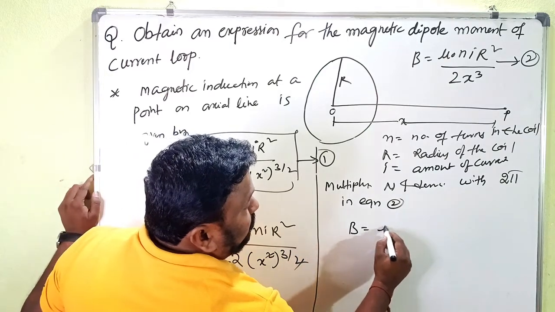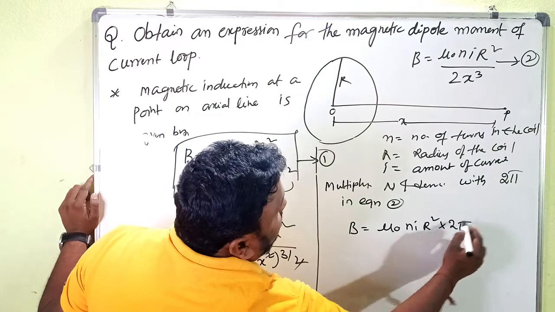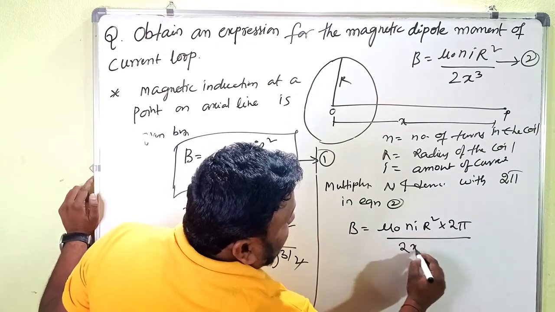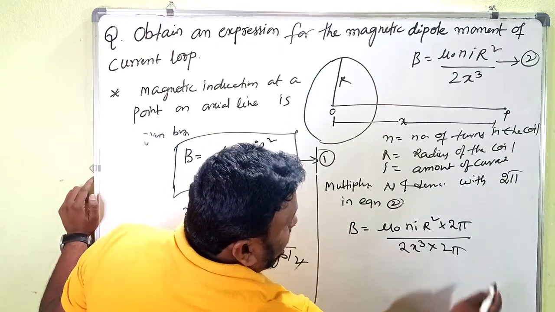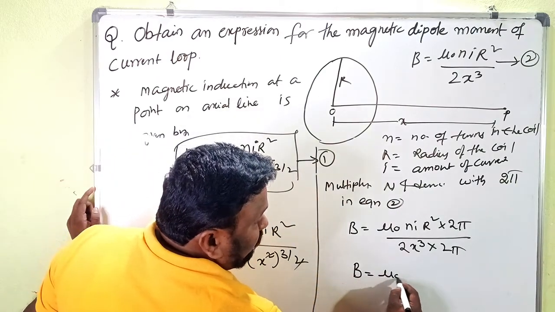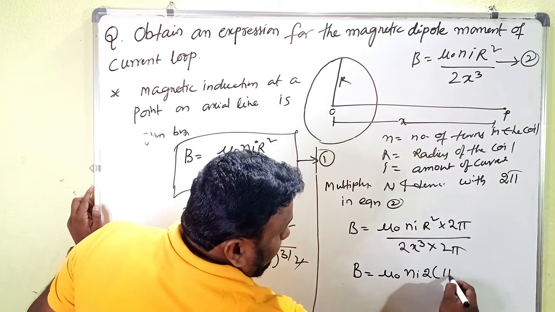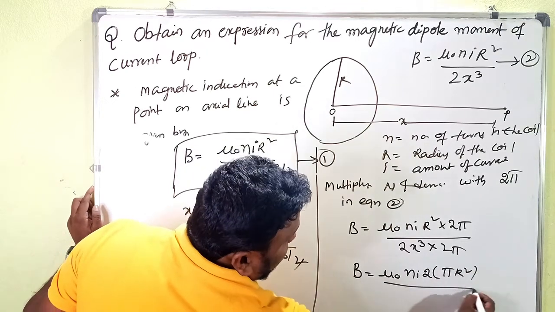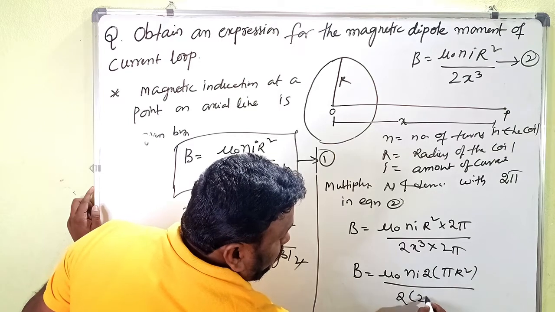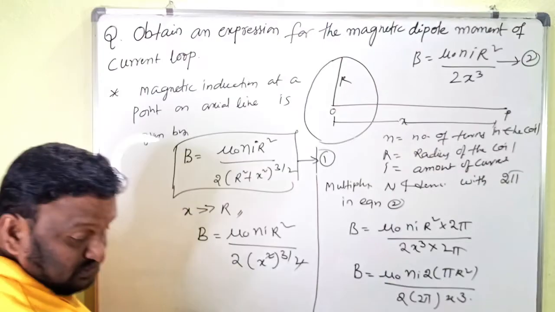B is equals to mu naught n I r square into 2 pi by 2x cube into 2 pi. We are going to write it like this: B is equals to mu naught n I of 2 into pi r square by 2 into 2 pi into x cube.